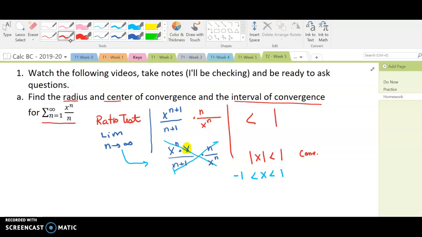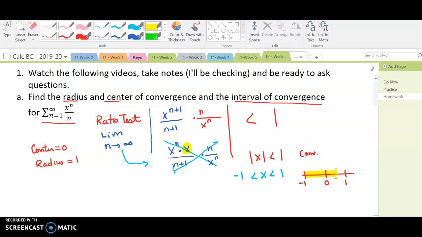And so this right here, if we were to look at this on a number line, we converge at 0, and at 1 and negative 1, we don't converge. And so our center is equal to 0, and our radius is equal to 1.